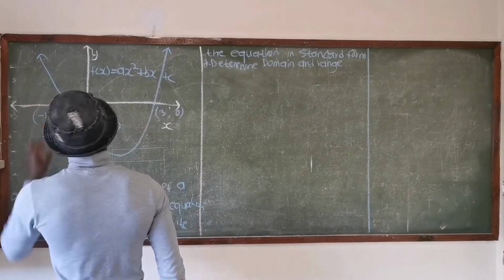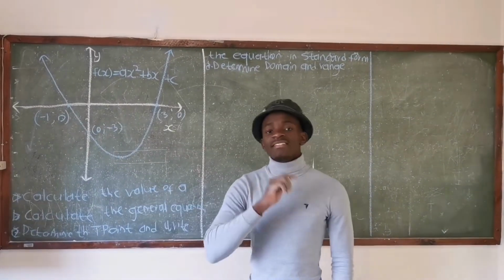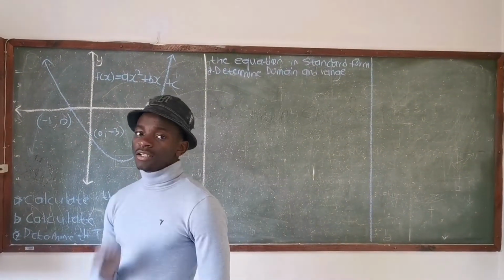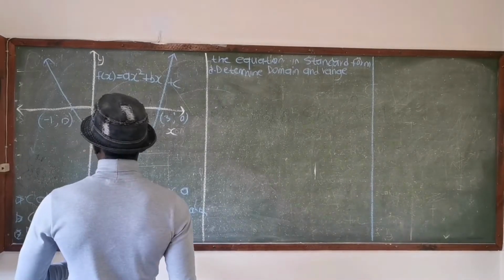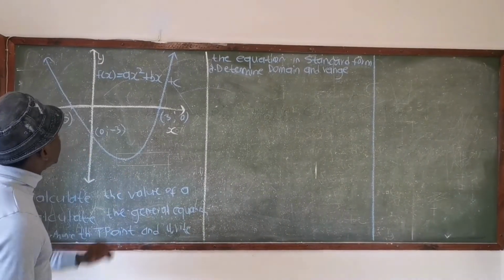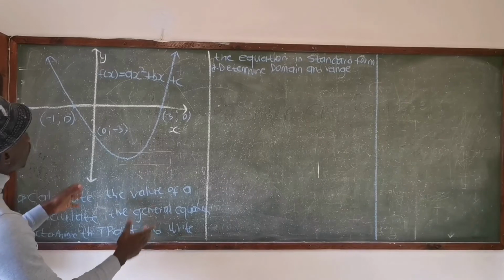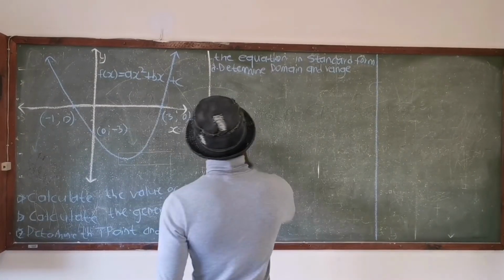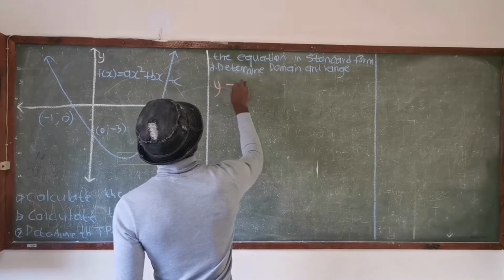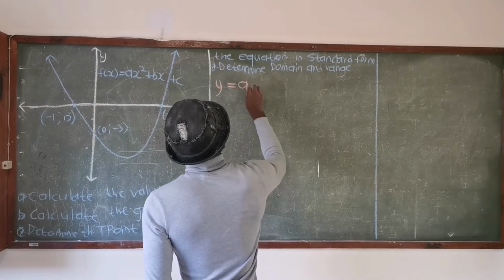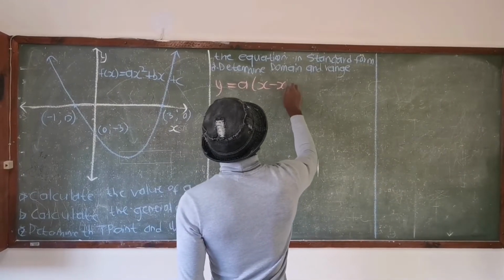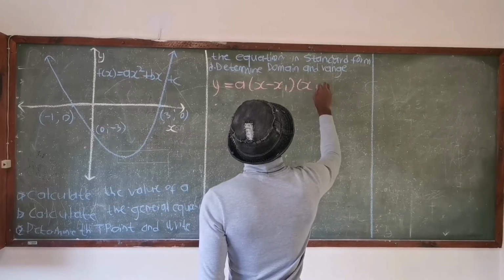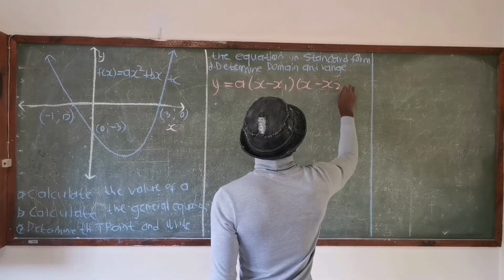So as you can see here, now we're going to be dealing with one example of a graph that is increasing. The first thing we're going to do is calculate the value of a. To determine the value of a, we're going to use the equation y equals a into x minus x1 into x minus x2.